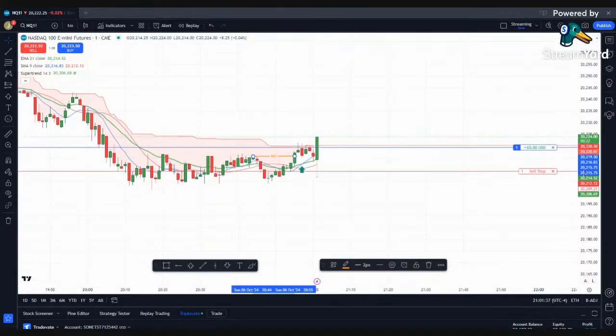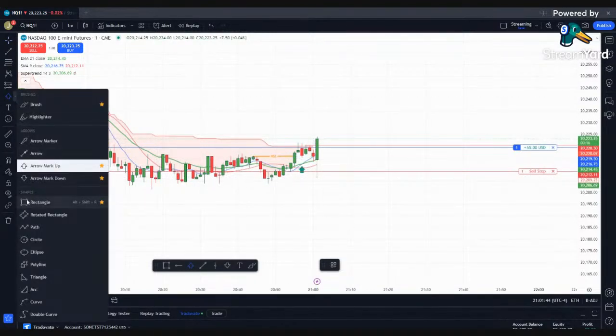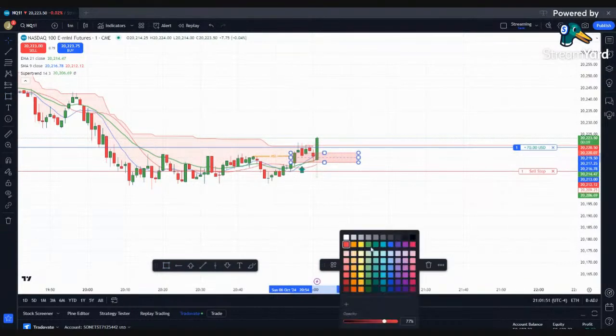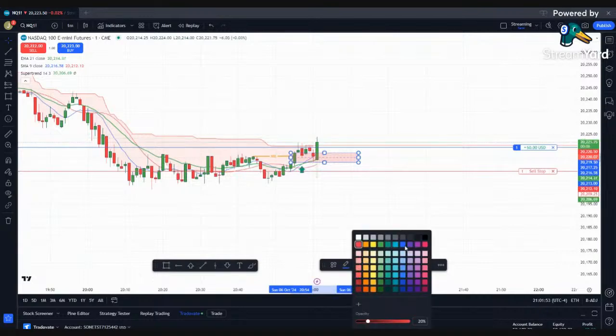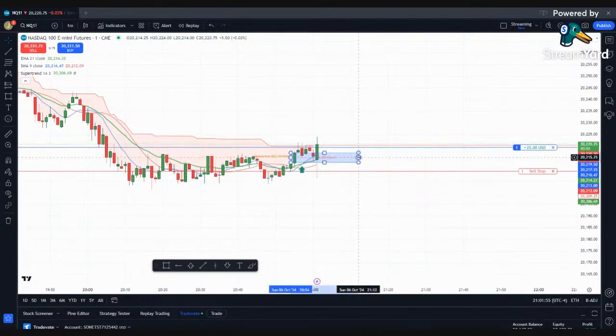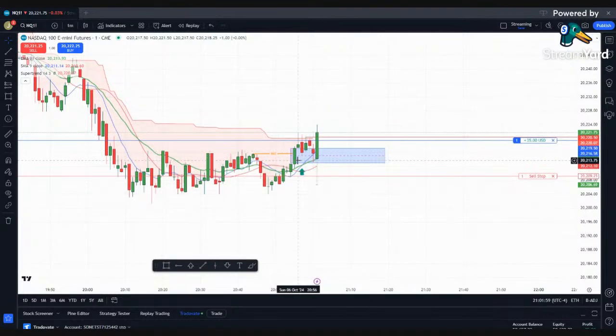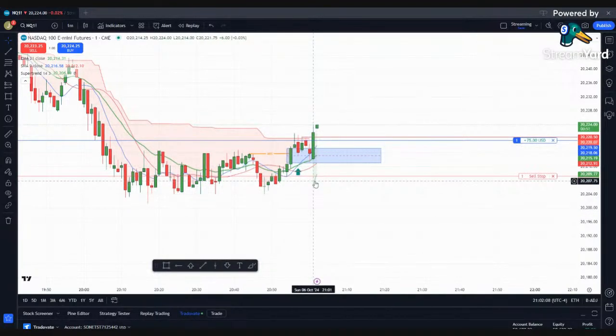All right, look at that. Beautiful, beautiful. Look at that entry. It's a good one. So let's see. Now we do have a displaced candle, and between these two and this one, this is your displacement candle because it's supported by the super trend.